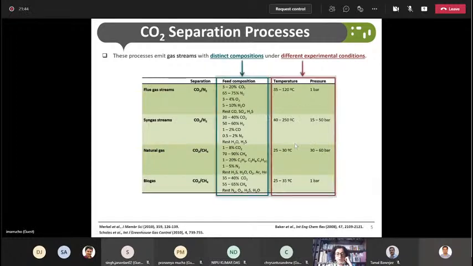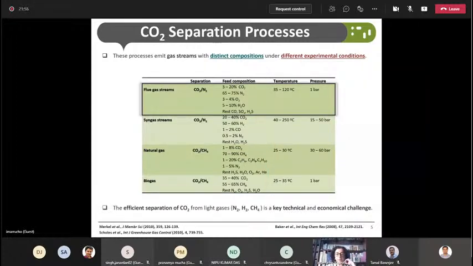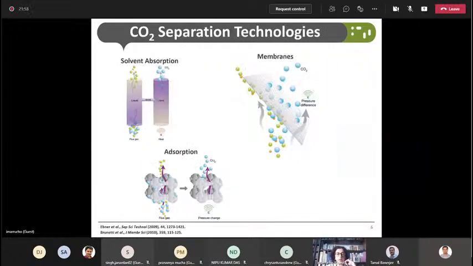Okay. So the compositions are also somehow different, and so we really need to focus on the feed composition and different experimental conditions. Okay, so what do we have for CO2 separation nowadays?